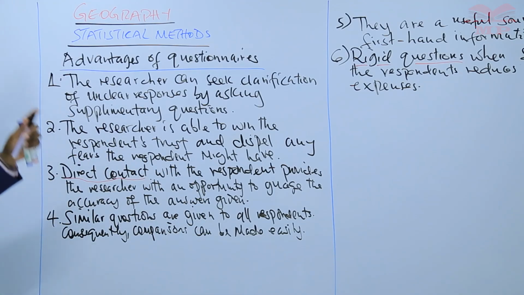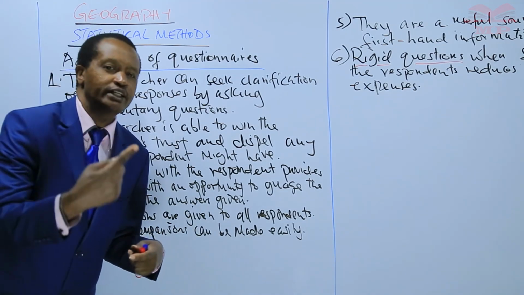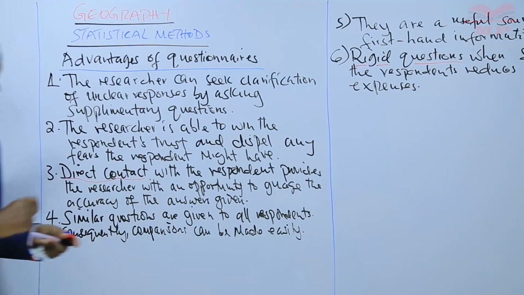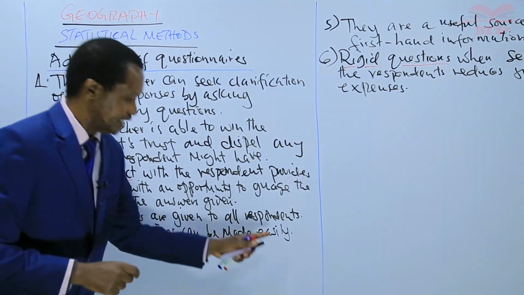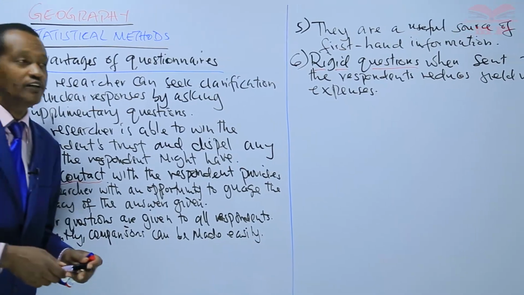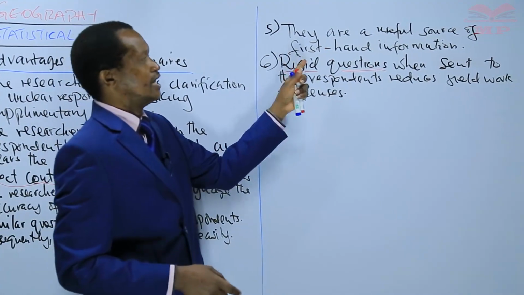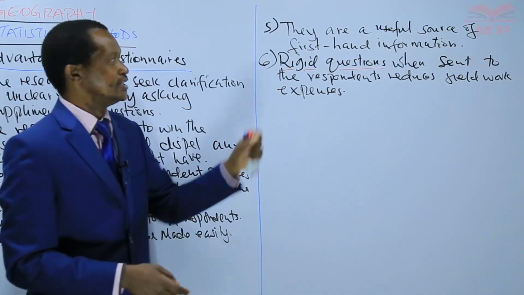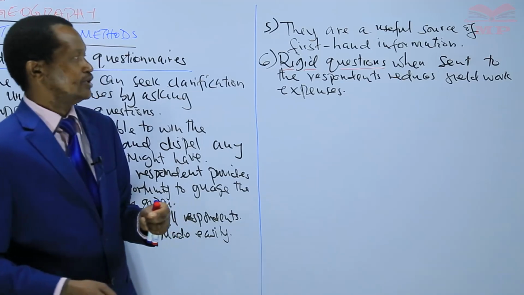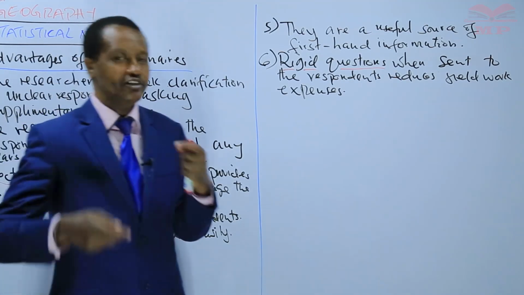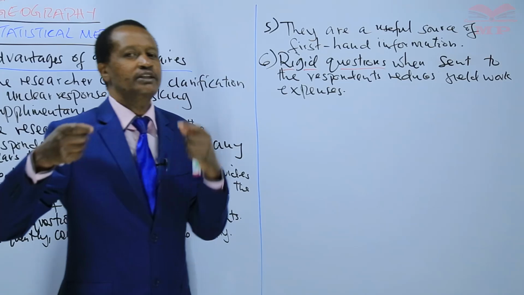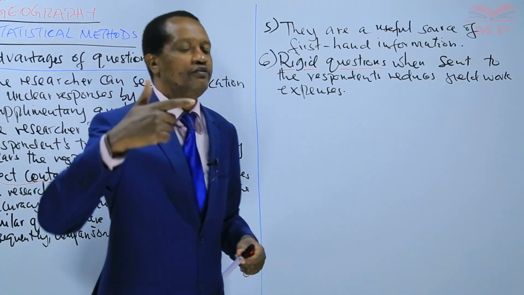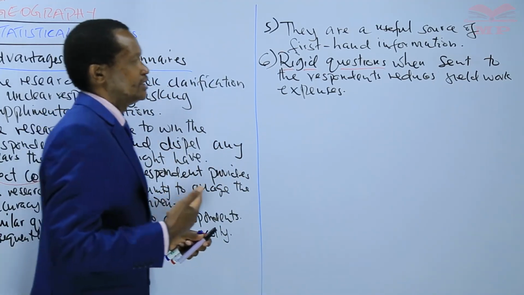Number 4, similar questions are given to all respondents. Consequently, comparisons can be made easily. Number 5, questionnaires are a useful source of first-hand information. Then lastly, rigid questions, when sent to the respondents, reduce fieldwork expenses.